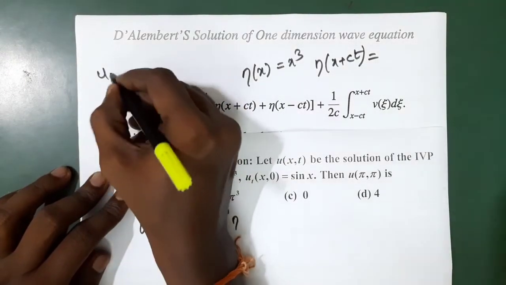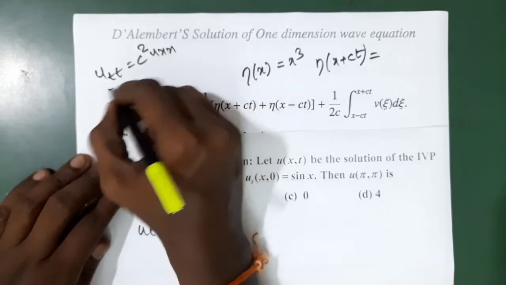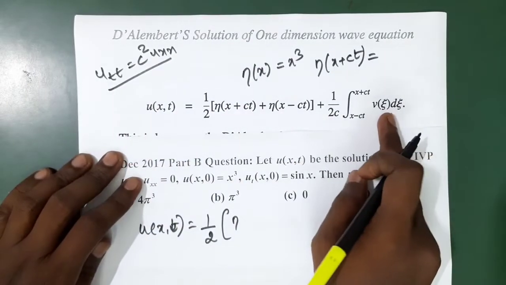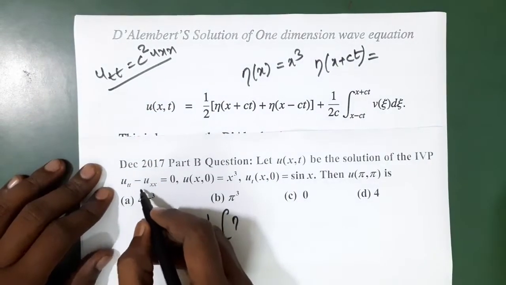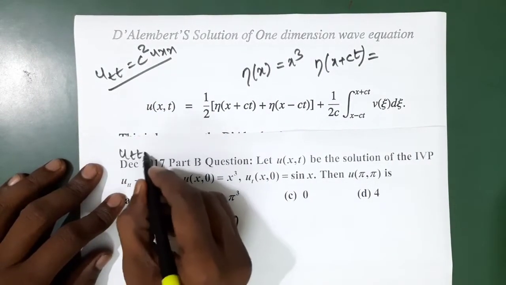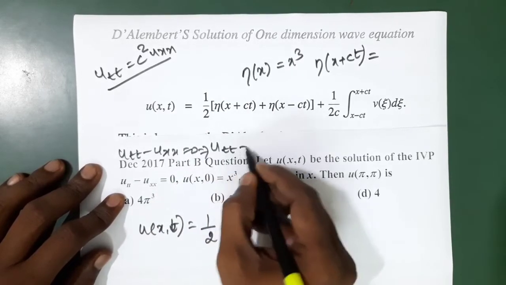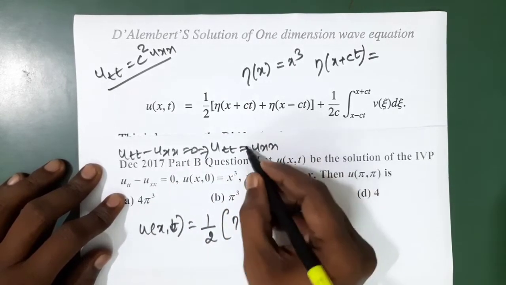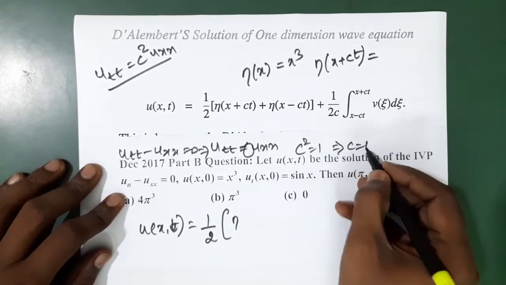so compare with the one dimensional equation c square u_xx. This is the D'Alembert solution for the one dimensional equation. But what you have here is u_tt minus u_xx equal to 0, which implies u_tt is equal to u_xx. So here c square is equal to 1, which implies c is equal to 1.